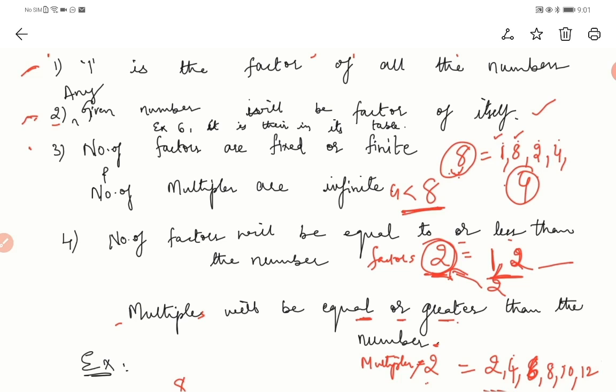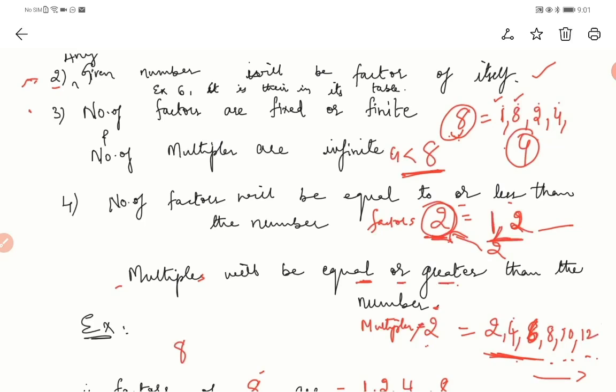And the number of factors is either equal to or less than the number given. And multiples, what happens with multiples? The number of multiples will be equal to or greater than the number given.